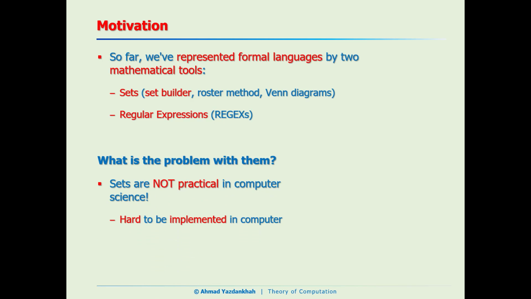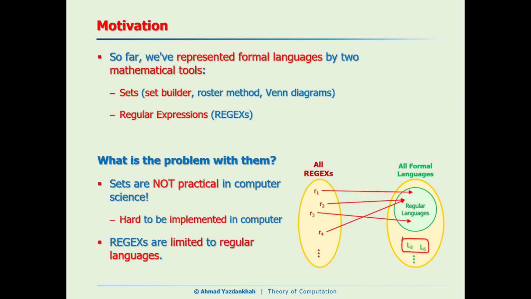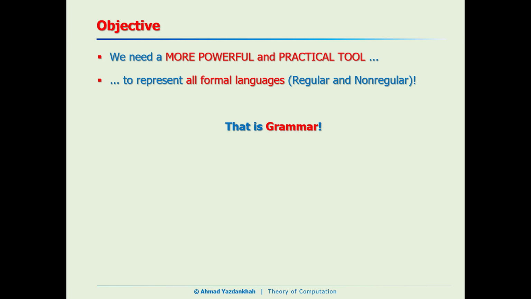We have learned that sets are not practical and hard to be implemented as a software, and regexes are limited only to regular languages. So these issues raise a need of looking for a new tool that is more powerful and practical and somehow easy to be implemented as a software, and that is grammars.